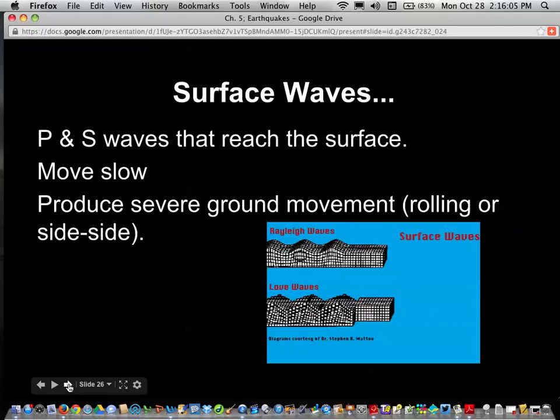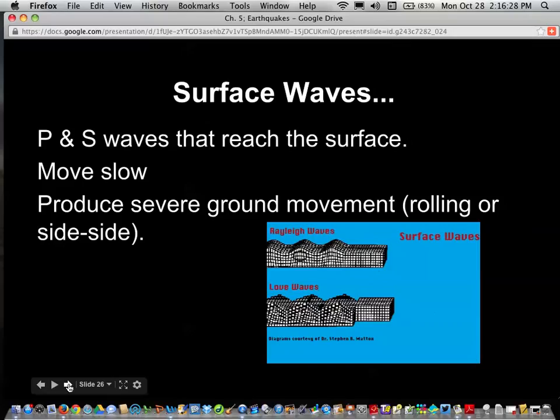Surface waves are the third type of wave. P and S waves that reach the surface are called surface waves. Remember, the focus happens underground. So P and S waves, once they reach the surface, are called surface waves. When they get there, they start to move slowly. Okay, so the surface actually slows them down.